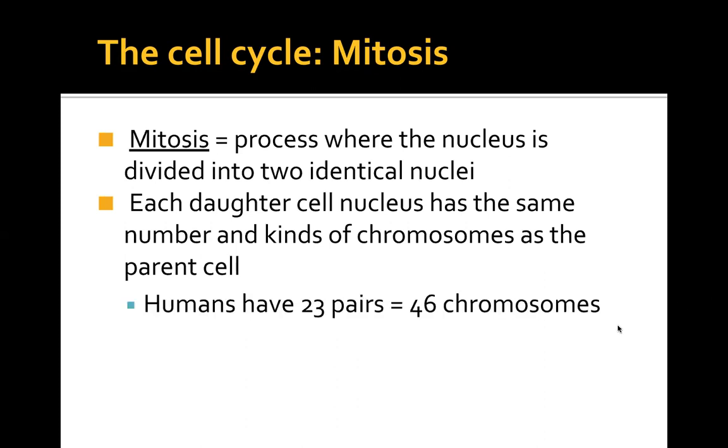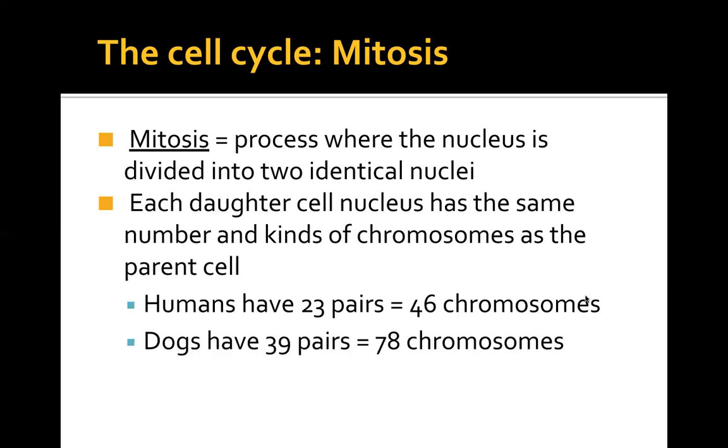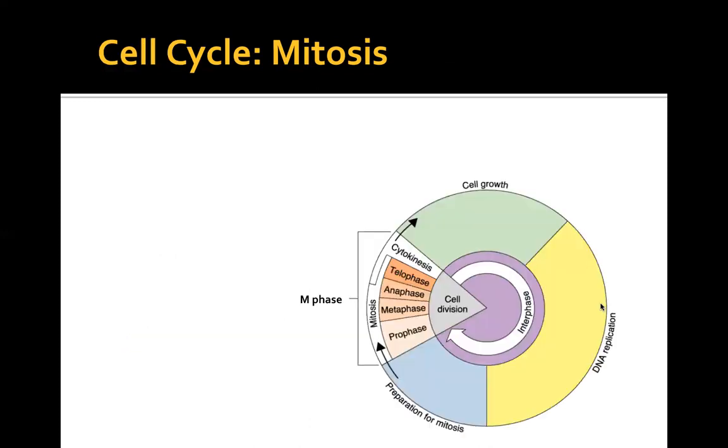When we're talking about humans, for example, we start with a cell that has 23 pairs or 46 individual chromosomes, and then we have 2 daughter cells after mitosis that each have 46 chromosomes. Different organisms have different numbers of chromosomes. If dog cells were going through mitosis, you would start with a cell with 78 chromosomes and end with 2 daughter cells with 78 chromosomes. The important thing is that the daughter cells are identical to each other and to the original parental cell.